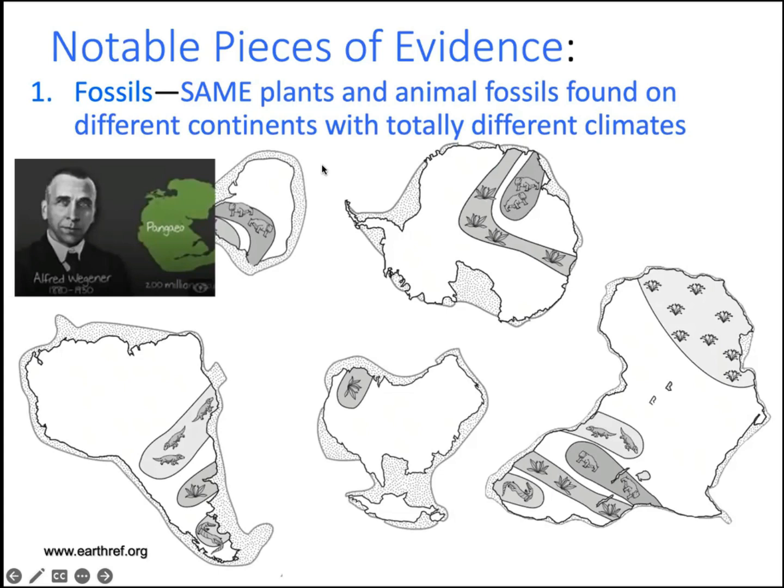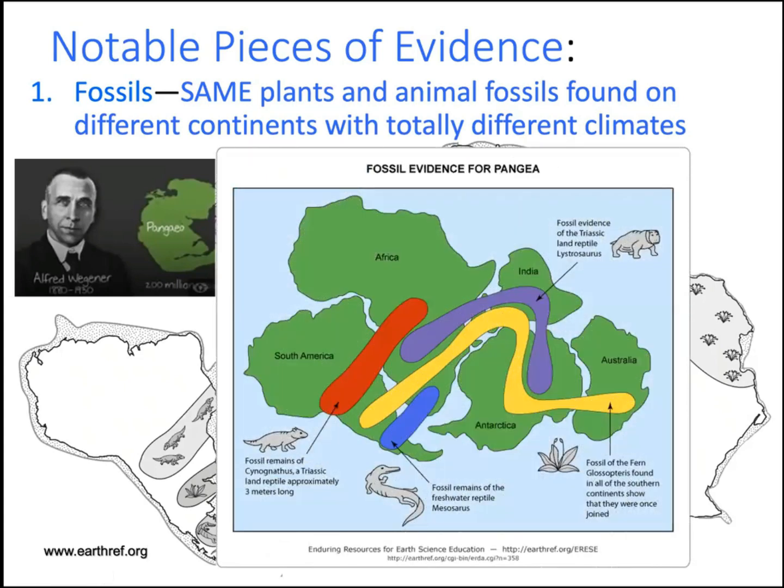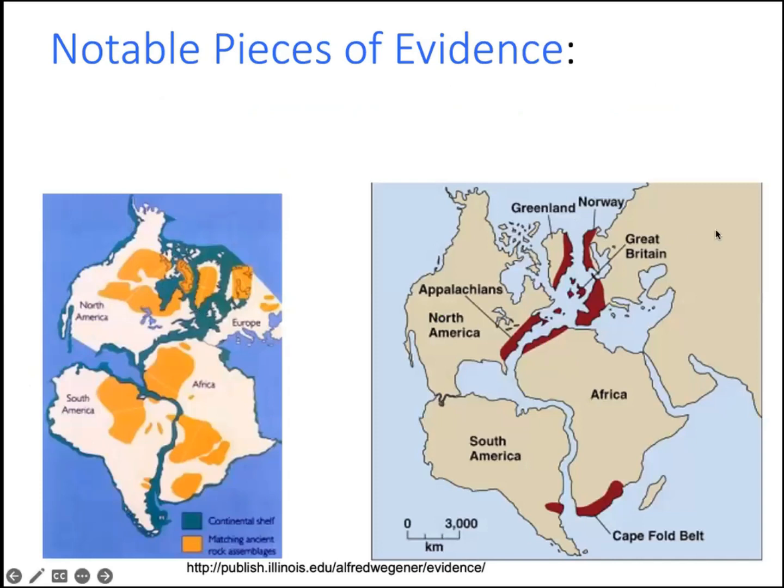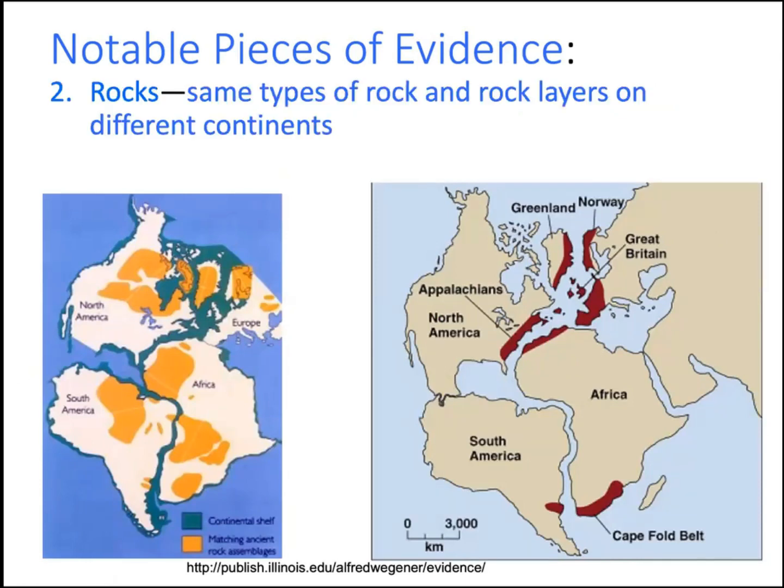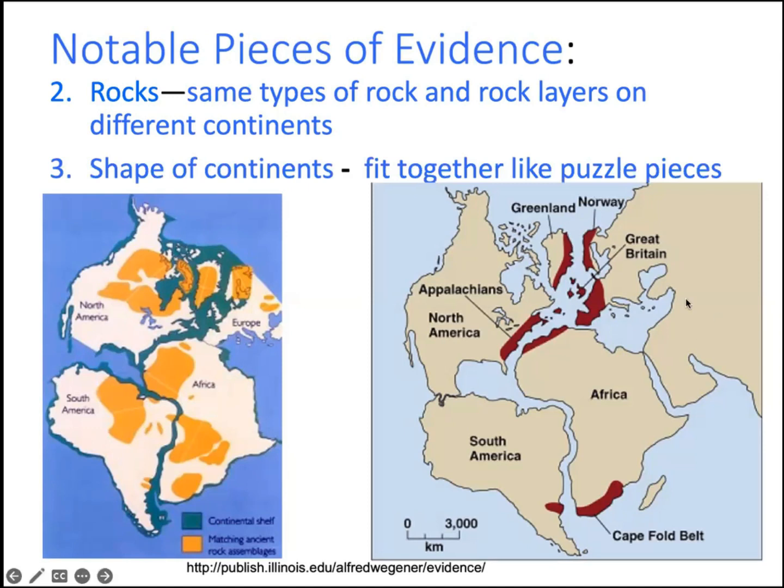And also other evidence, for example, mountains, right? The distribution of mountains from one continent to another also gives us evidence to fit them together. This is how Wegener started to fit continents to each other. This was a very interesting and very important finding at that time, in 1912, I think. Wegener configured this continental drift, or the floating of continents, concept. He also considered the shapes of continents.